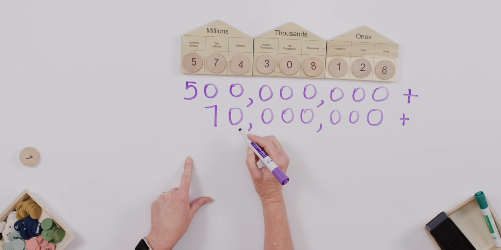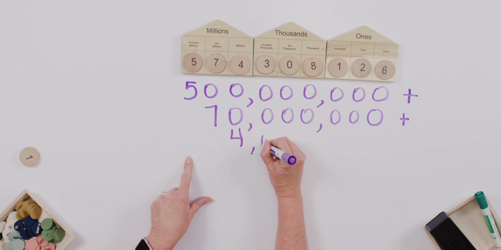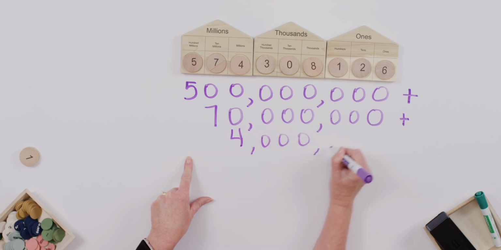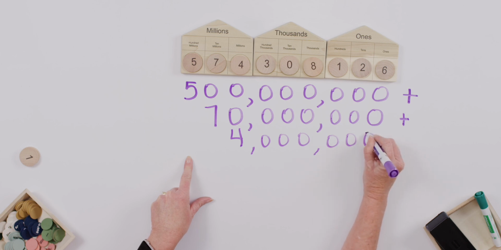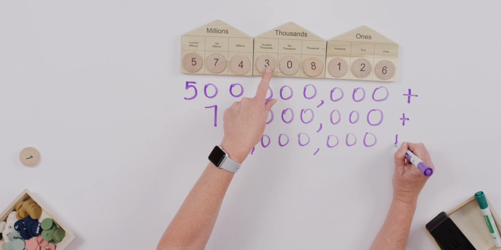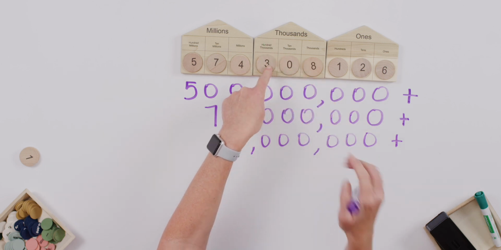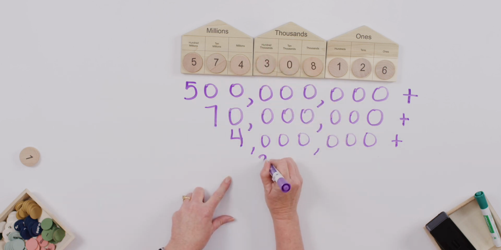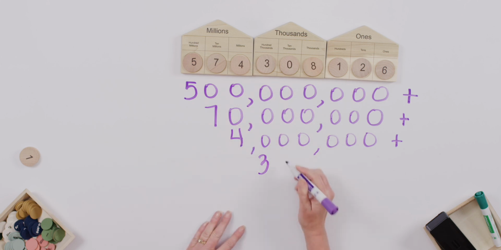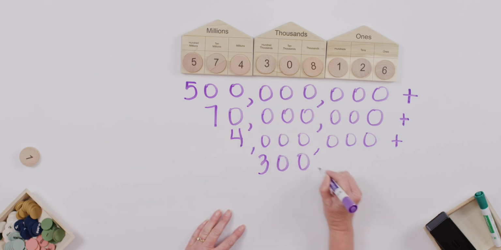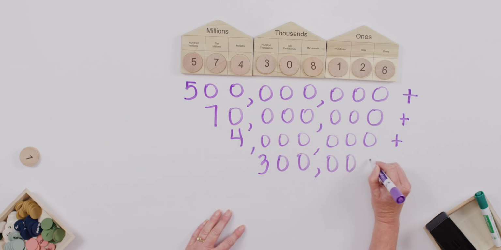So we have 4 million. And then we're going to add, what would you call this? Yeah, 300,000. So 3, notice my columns are lined up too. It's going to help me with the value where I put all my zeros.